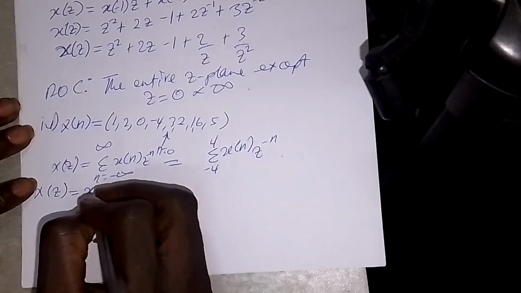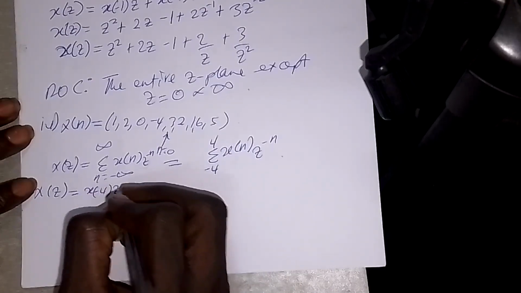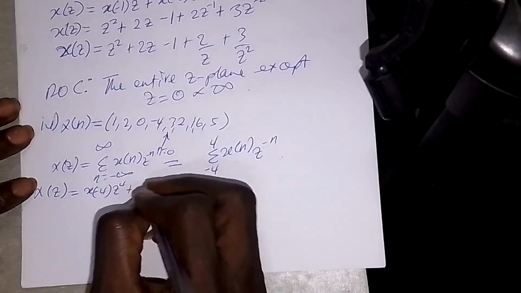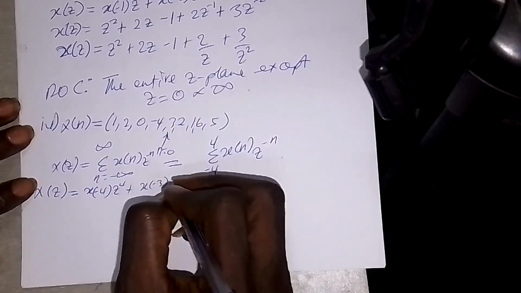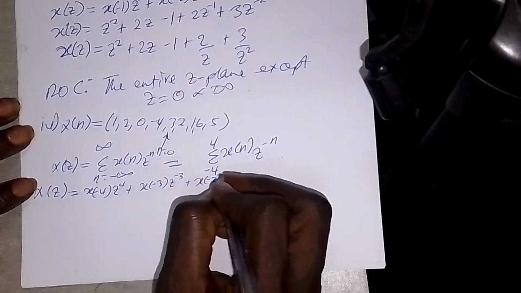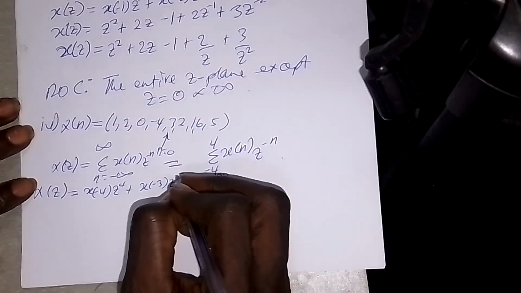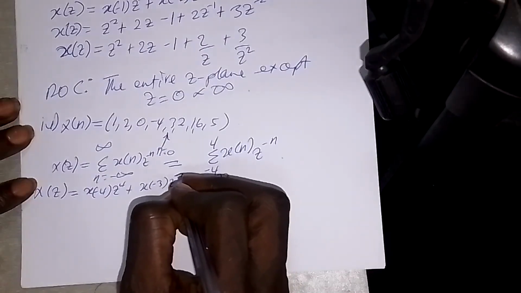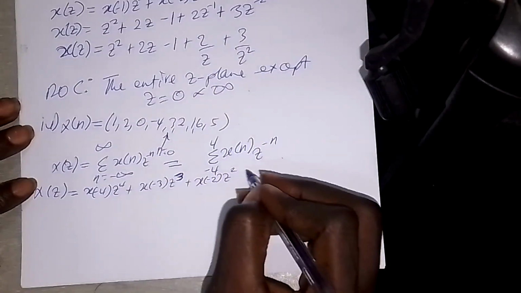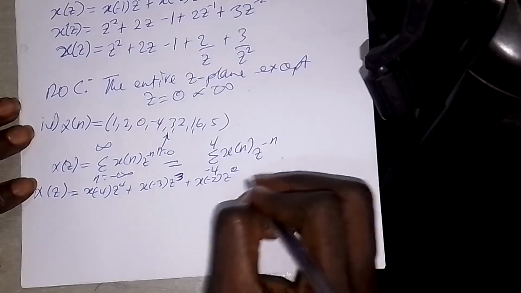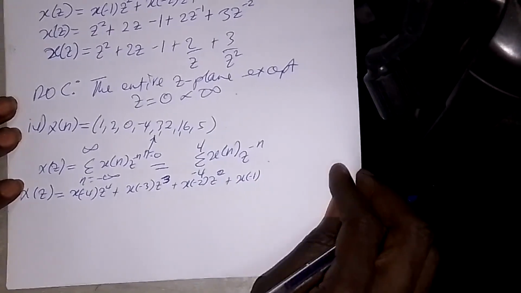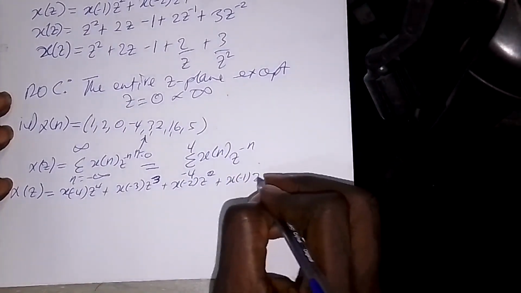X of minus 4 into z exponent 4, because minus 4 will be positive 4. Plus x of minus 3 into z exponent 3, because minus 3 becomes positive 3. Plus x of minus 2 into z exponent 2. Plus x of minus 1 into z.